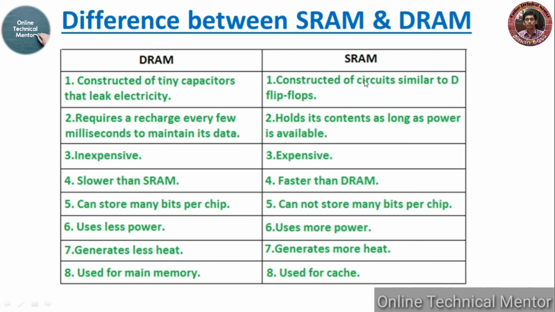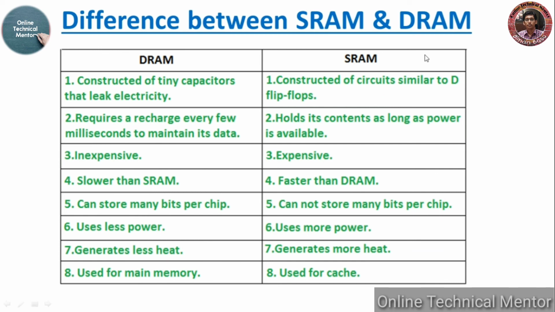And in case of SRAM, it is constructed with a special circuit which is called a flip-flop. A flip-flop can store 1 and 0. So if you are familiar with the flip-flop circuit, then you will understand what a D flip-flop is. For the time being, just think a flip-flop is a kind of device which can hold 1 and 0.